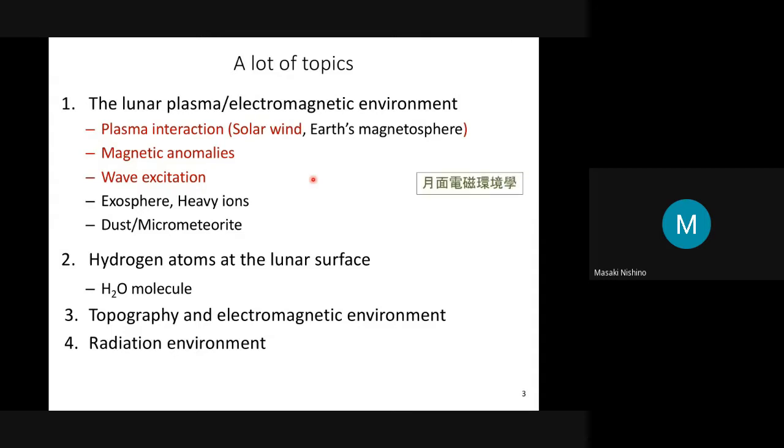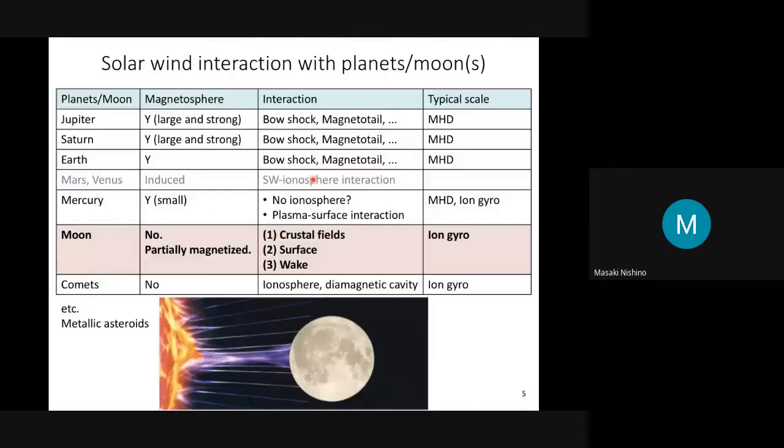So it's a kind of 月面电子环境学 in Chinese, and 月面電磁環境学 in Japanese. My viewpoint is that it's one of the solar wind interactions with planets or moons.